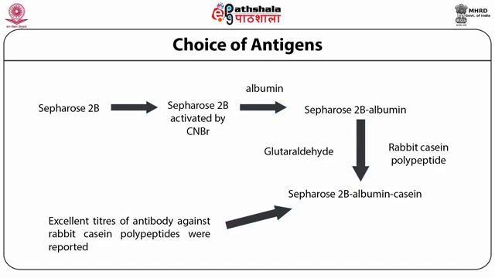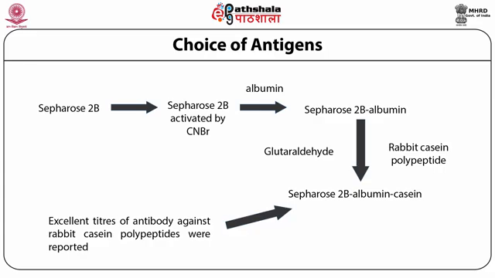So conjugates like Sepharose 2B, albumin and casein have been used to improve the antigenicity of caseins. First, the Sepharose 2B is activated by cyanogen bromide. The albumin is linked to it. Albumin now has many free amino groups.